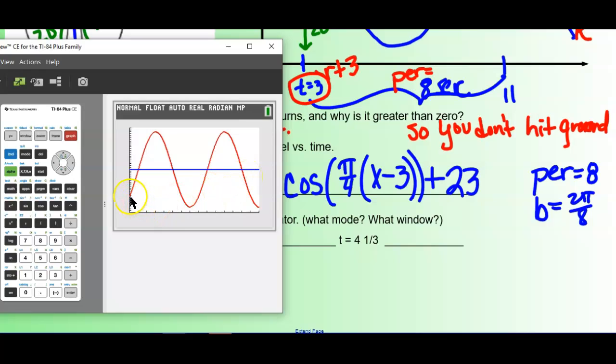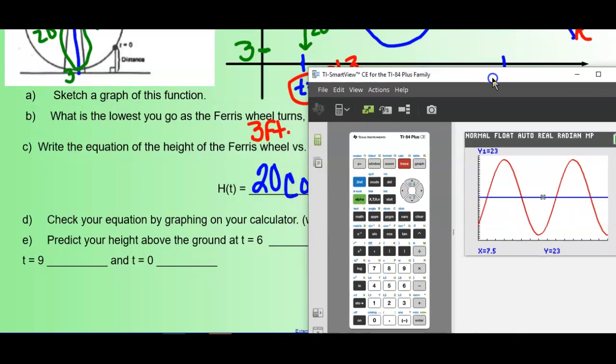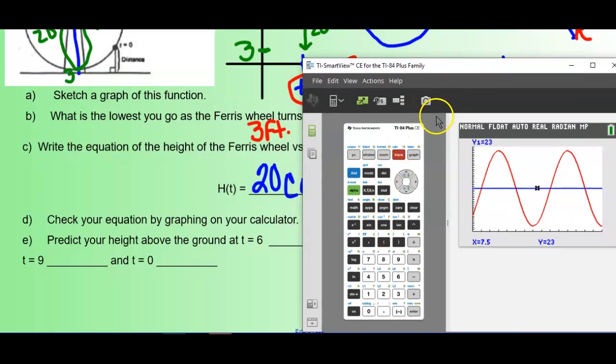Remember we said he didn't start at the bottom or the midline, we didn't think? Okay, he started right here in the middle of nowhere, and that's one of the questions we're supposed to answer. So I'm going to go trace, and it's going to ask me, what is his height at 6 seconds into his ride? Now you got to make sure you're on the ride here, the red path, and go to 6 seconds.